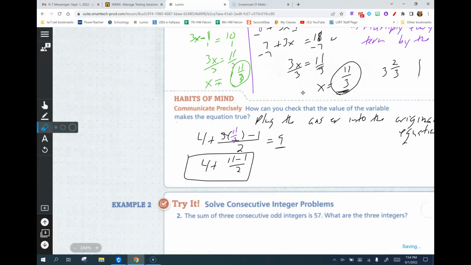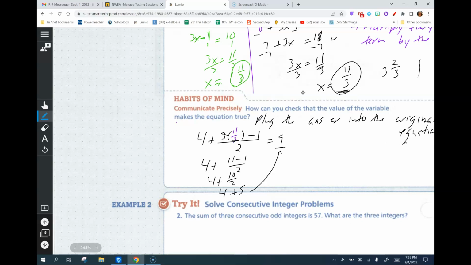This is an expression now. I'm going to simplify this expression. So I have 4 plus 11 minus 1 is 10 over 2. So that's 4 plus 5. Does that give me 9? Yes, it does. So that's how I just checked if my answer was right.